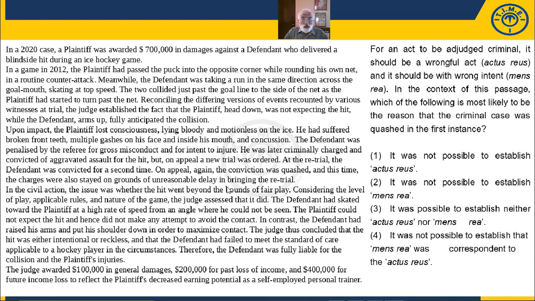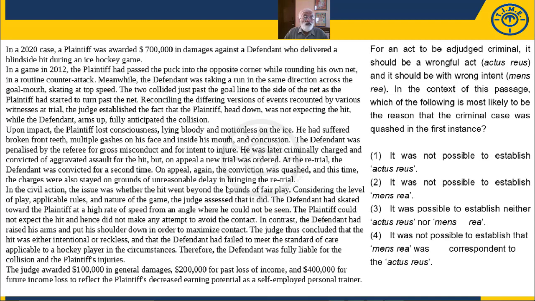So in the context of this passage, which of the following is the most likely to be the reason that the criminal case was quashed? That means, why was the criminal case thrown out? Now the criminal case was thrown out because obviously there wasn't enough to make it criminal. What do you need to make it criminal? It needs a wrongful act and it needs wrongful intent. Did we have a wrongful act? Yes. Do we have wrongful intent? Can't say. So it was not possible to establish actus reus or wrongful act?